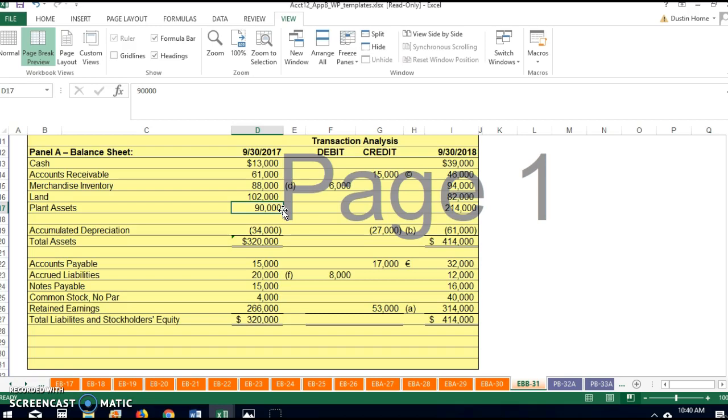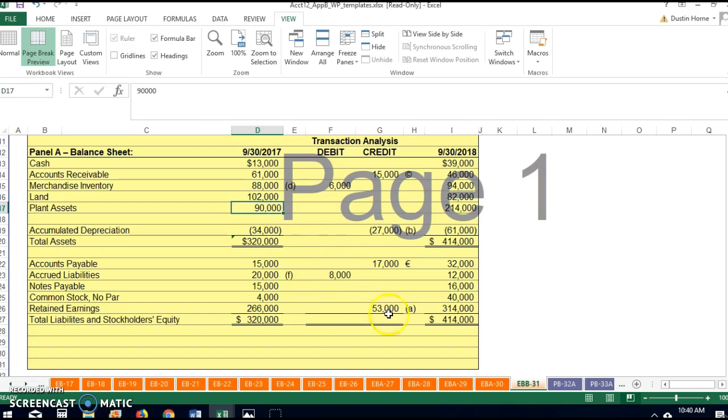So let me look at those two transactions. Cash receipt from the sale of land of $20,000. So let's do that first because that's the first.